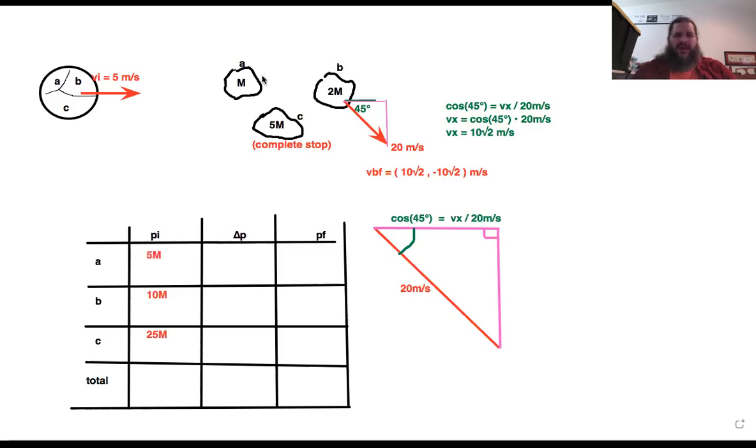We could even draw those as arrows. Make this a different color. If we want to draw those as arrows, how would those arrows look? What would be the same? What would be different? Would they all be going to the right? Yeah, or let's say to the east.